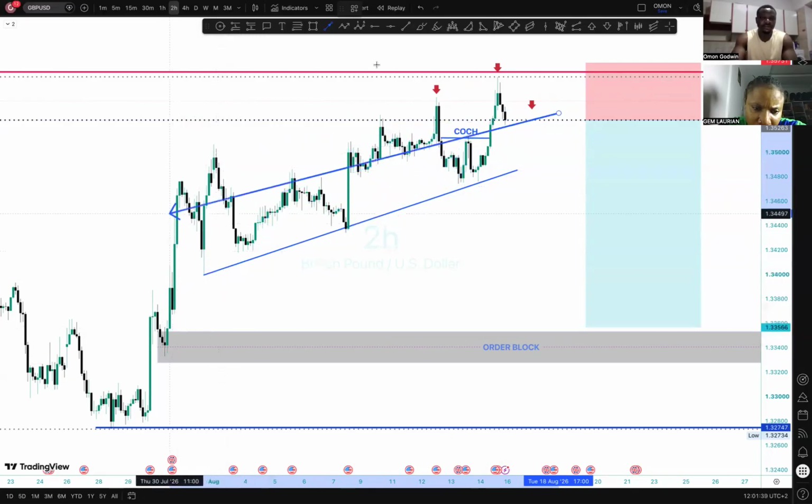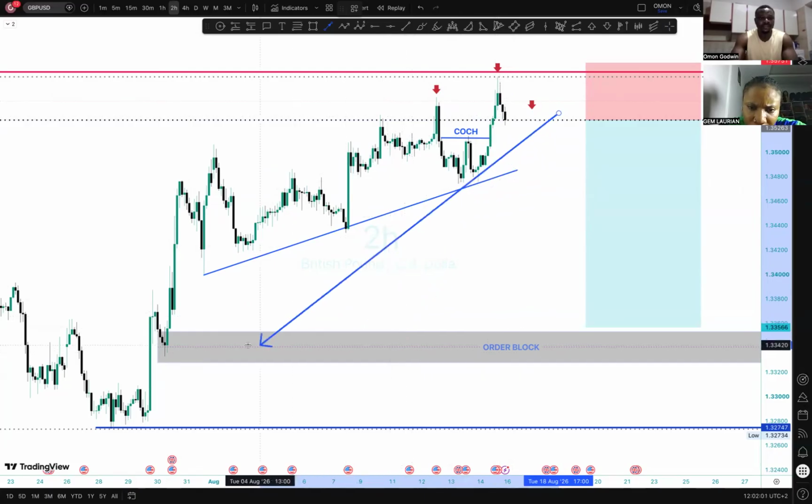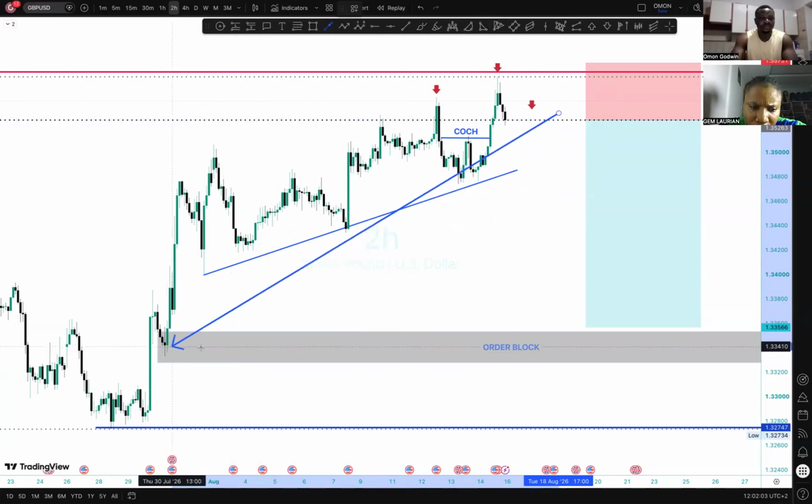The market has not gotten to where it was going, so it creates a little bit of order block that can retrace the market. Now you can see, the moment this market started buying, did the market come back to this zone? No, it didn't.